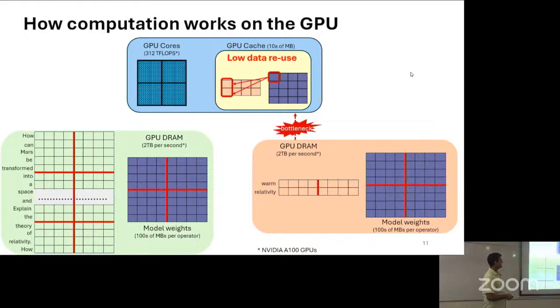Activations can be bigger than the model weights. Let's say you are somehow able to batch 10,000 requests. When we say an 8 billion parameter model, the 8 billion are not concentrated in one matrix. There are multiple layers, so the 8 billion is distributed across them, and each of these will be hundreds of megabytes.